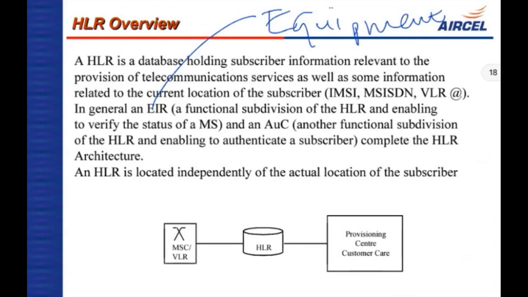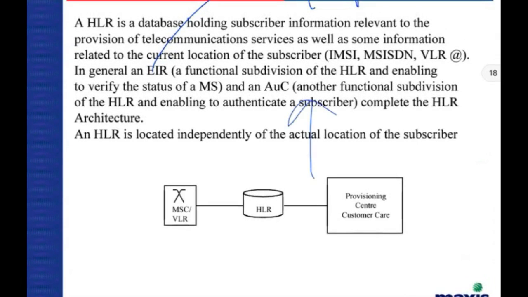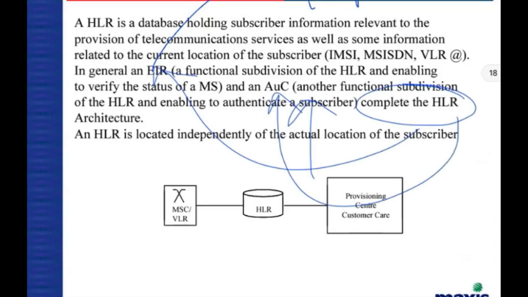And the authentication center, AUC, is a functional subdivision of the home location register that enables the system to authenticate the subscribers. These complete the home location register, but by themselves they are individual components of the GSM architecture.